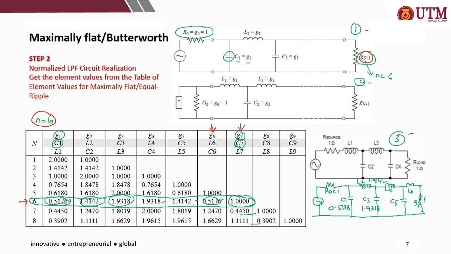From the table, the first column is G1, so you can put the values in: 0.5176, followed by the second one, in series, 1.4142, followed by the third component, the fourth component, and the fifth component, 1.4142, 1.4142, and lastly the sixth component, in this case the inductor, 1.5176, terminated by the normalized load resistance. So this is your normalized circuit.